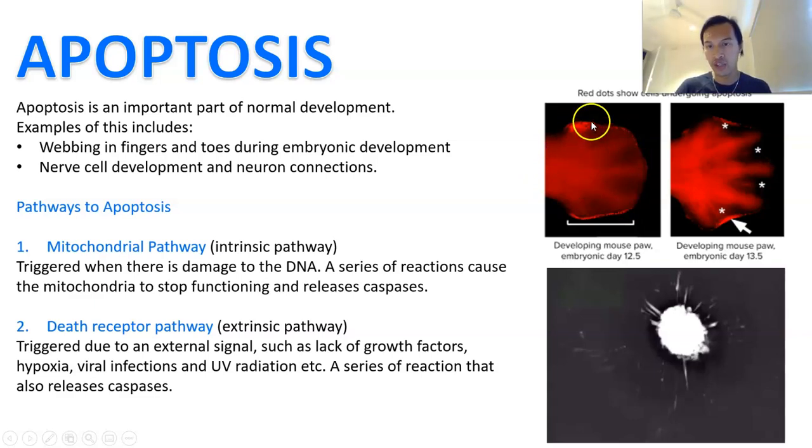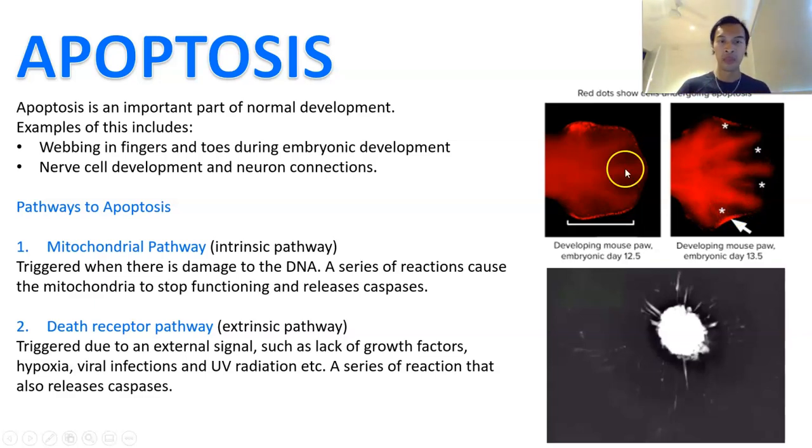But at the start, there's this webbing in between. Well, the body, as it develops the embryo, is going to trigger apoptosis in the regions between the digits. There, and there. Those regions are going to undergo apoptosis, eventually giving the separation of the digits and the individual digits that the mouse is able to then use, right?